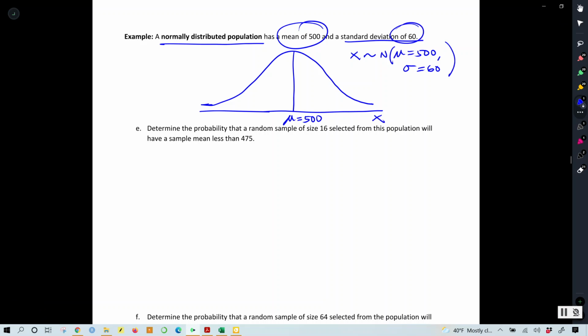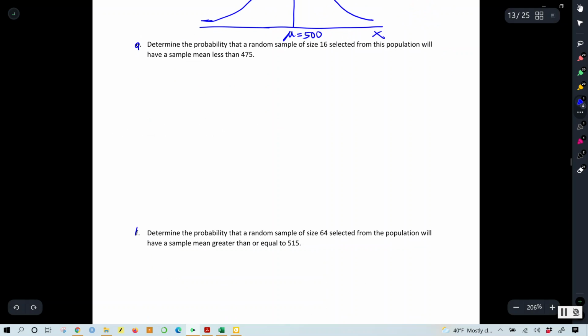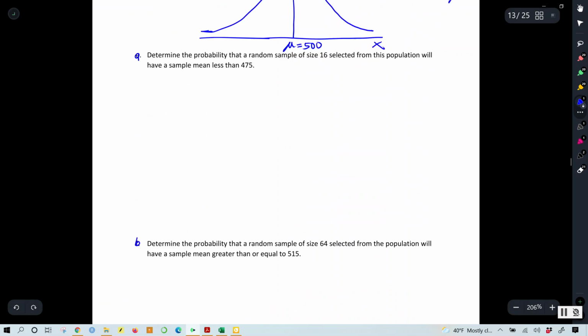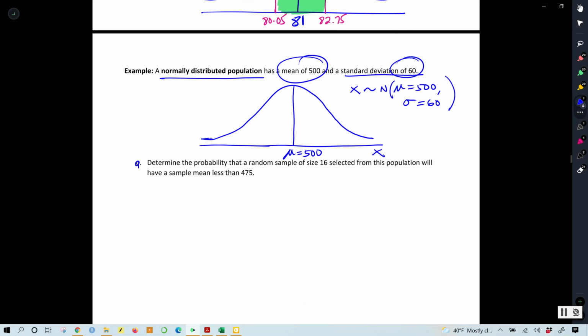Now, from this question, this should read B. Sorry for the typo there. That must have been an auto format. So we have the mean is 500 and the standard deviation is 60.